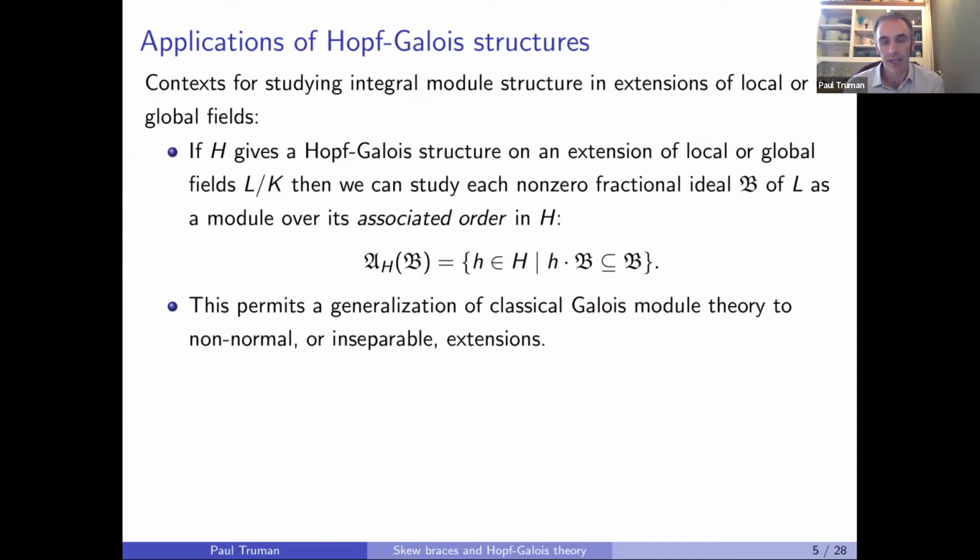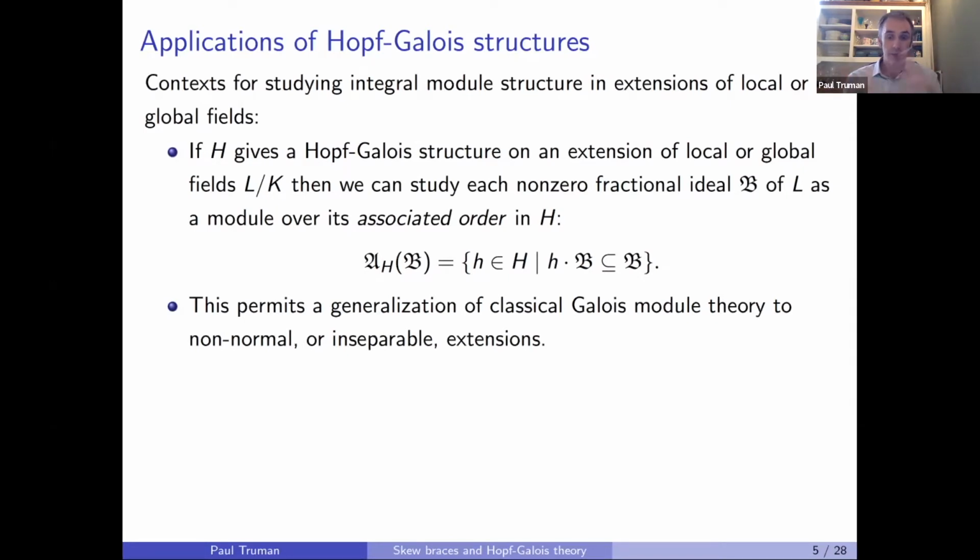I take the subring of H of all those elements that map my fractional ideal back to itself, and that turns out to be an order in my Hopf algebra H, and I can study the structure of my fractional ideal as a module over this order.